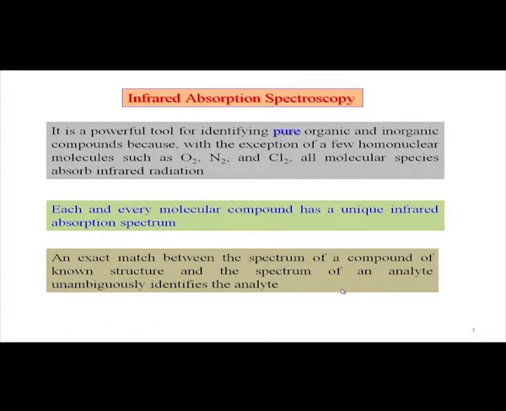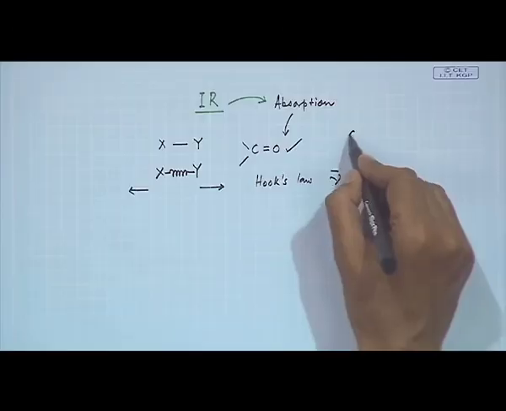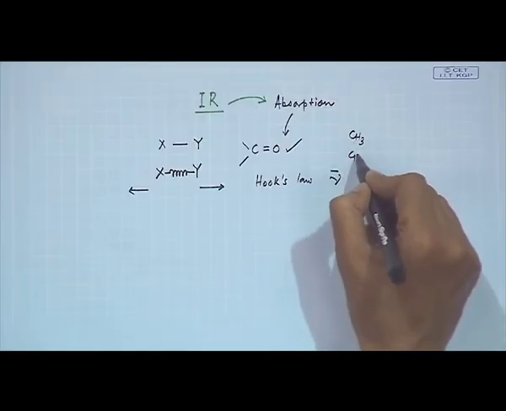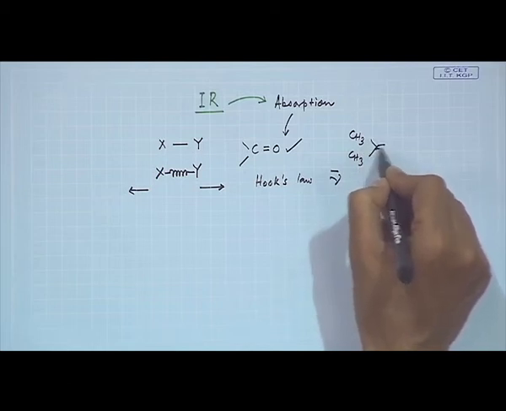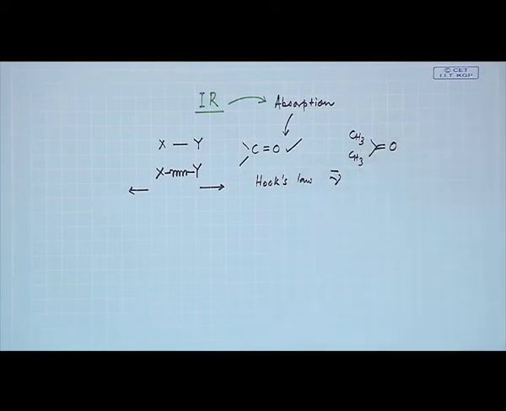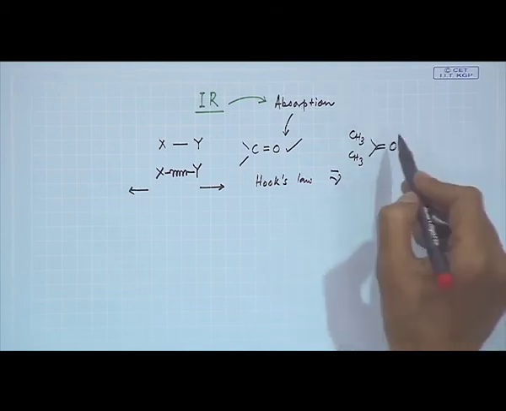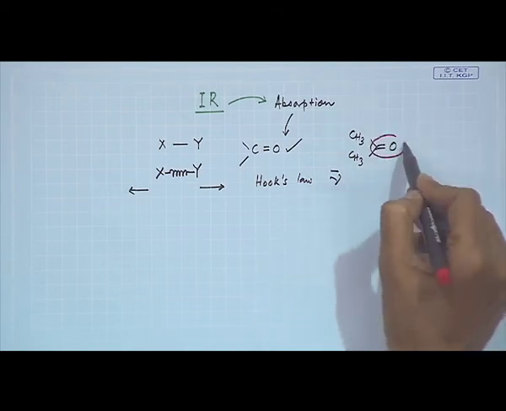Suppose acetone is present in any other liquid or solvent. We can run the IR spectrum, and when we record it, we find that the characteristic spectrum for acetone is present. We can find out by looking at the corresponding stretching frequency for C-O, because we all know that acetone is nothing but CH3 CO CH3, and the CO part is present in acetone.